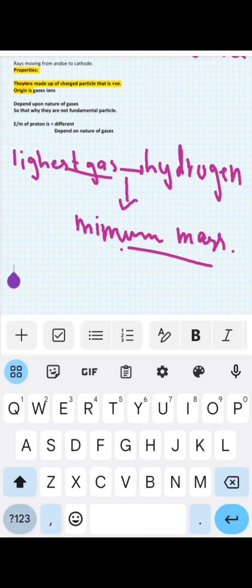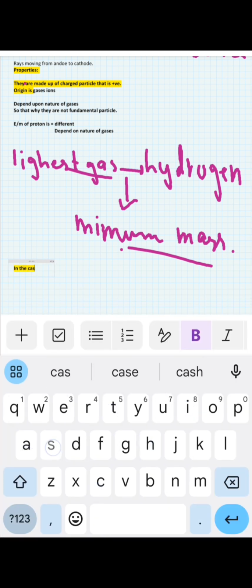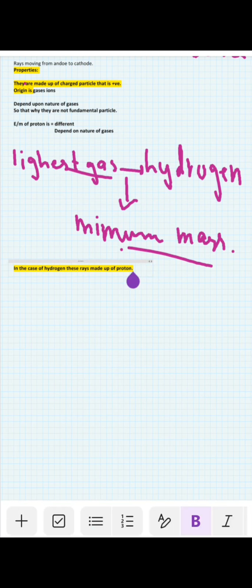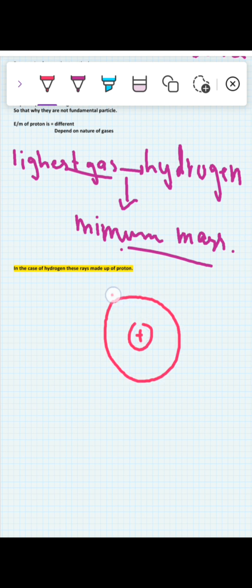After that, here is one point which you all have to note: हाइड्रोजन के केस में these rays are made up of protons. Only in the case of hydrogen these rays are made up of protons. Otherwise these rays are made up of gaseous ions. For example, here we have positive charge, here we have electron.